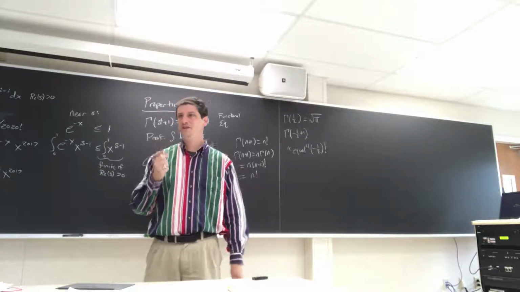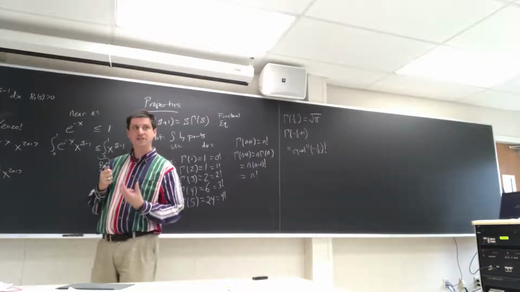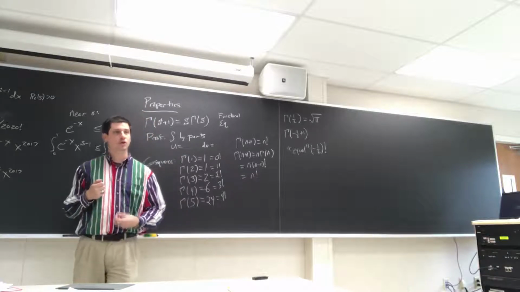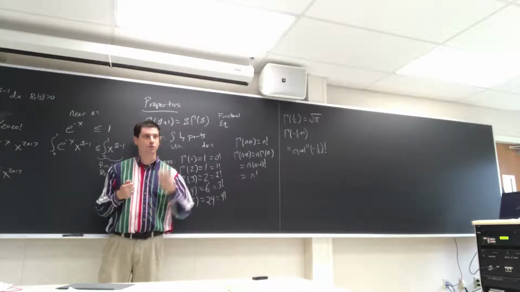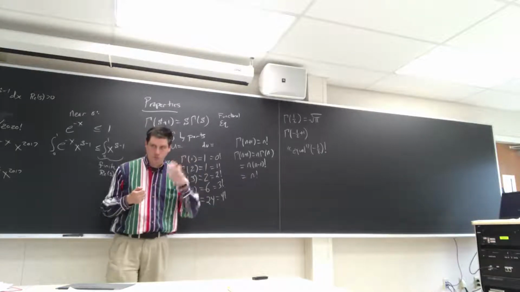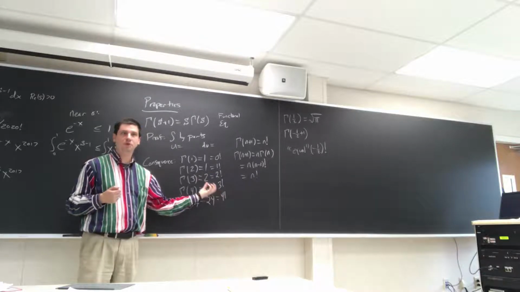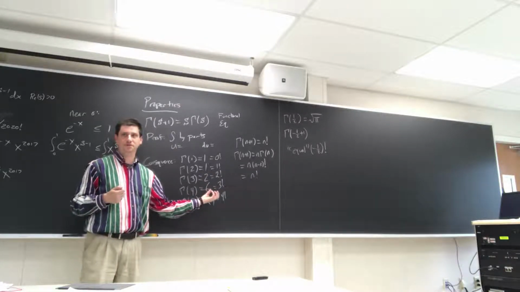If you have 3 people, it's the number of ways to order 3 people. You have 3 choices for who's first. Once you've chosen who's first, you have 2 people left over for who's second. You multiply, and then you have 1 person left for third. So 3 factorial is the number of ways to order 3 people when ordering matters.